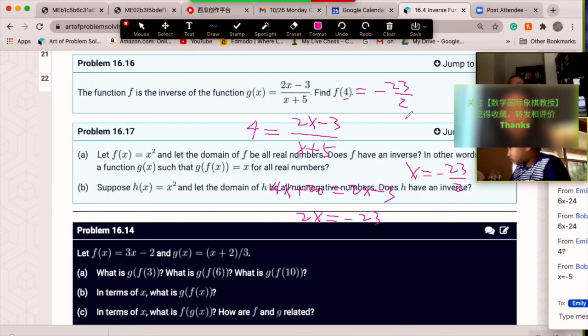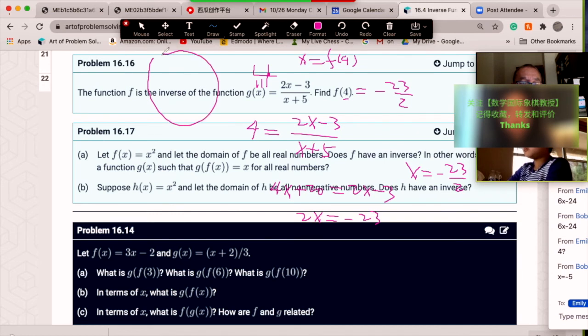Why? Because f(x) is the reverse function of g(x). So the variable of f(x), that number 4, actually is the value of g(x). That tells us g(x) equals 4. G(x) equals 4, then we solve for x. That x will equal f(4). You know why?